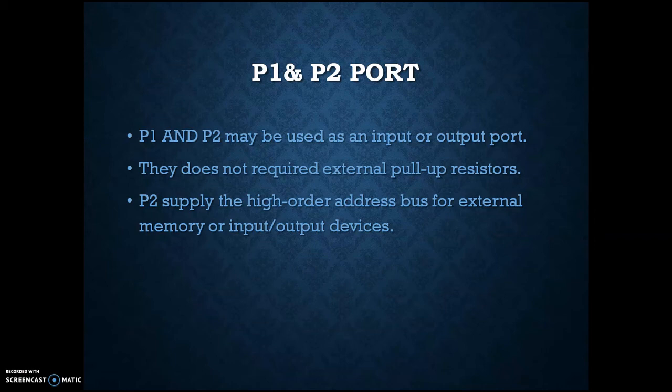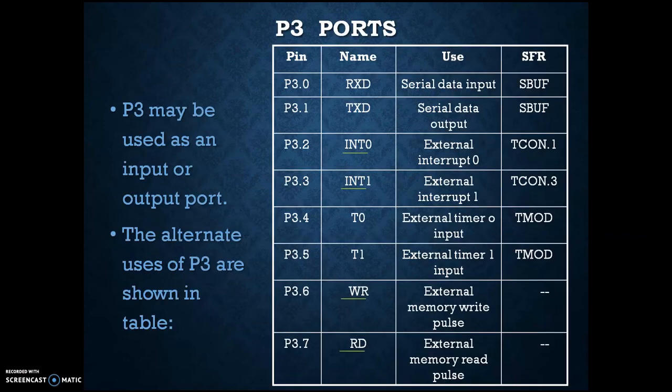Port 2 supplies the higher order address, as you have seen in the pin description, that means A8 to A15 for external memory or any input output devices. And the speciality of port 3: it may be used as an input port or output port, as in P0, P1 and P2.